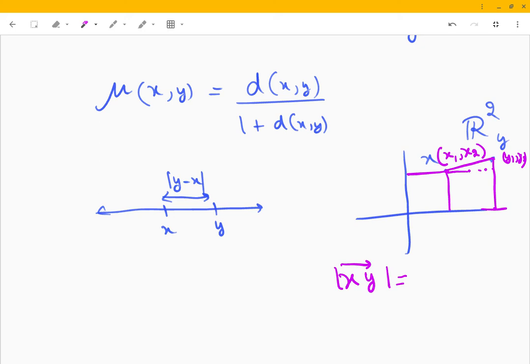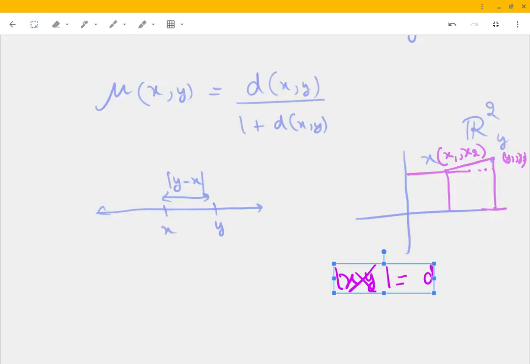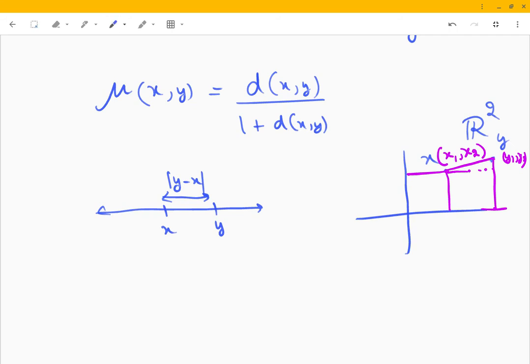It means the same, but let me just remove it. So the distance would be the difference of the y coordinates, sorry, the second y coordinate minus x2, squared, plus, oh man, my bad.